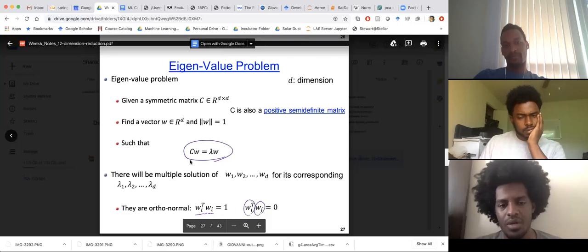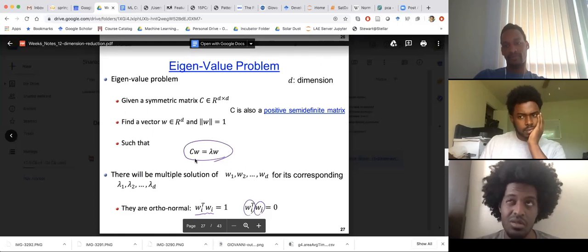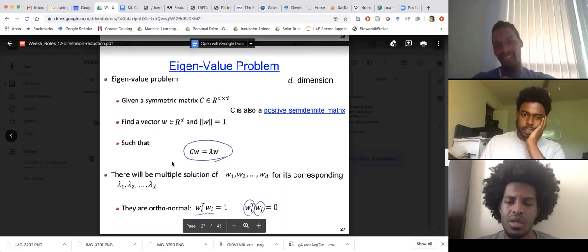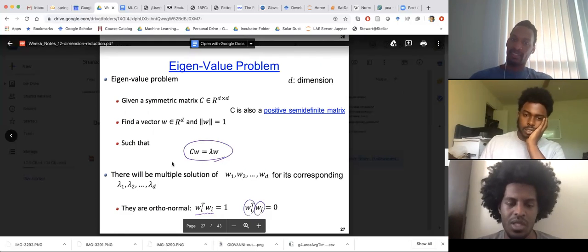So now you can determine what the lambda is to get the eigenvector, which helps you get your principal component. It's the eigenvector for a single principal component, not all of them. It's just for the one.